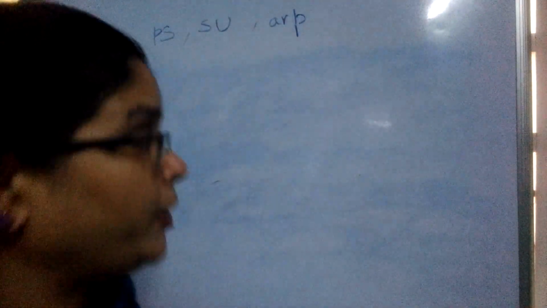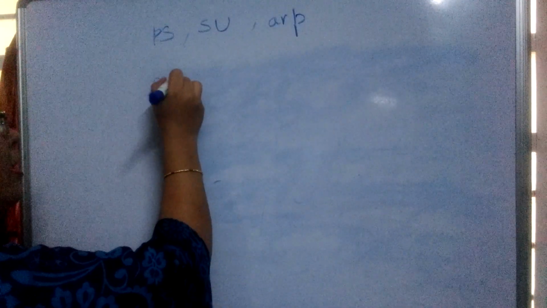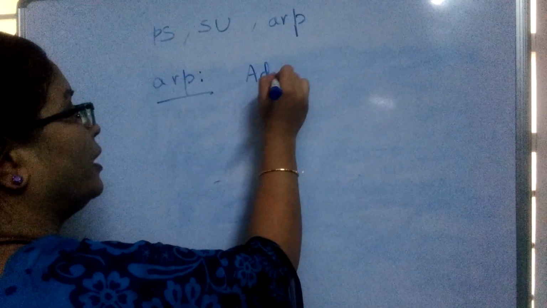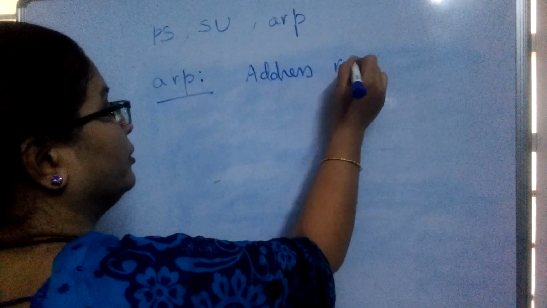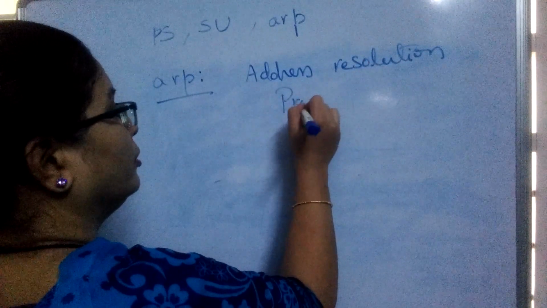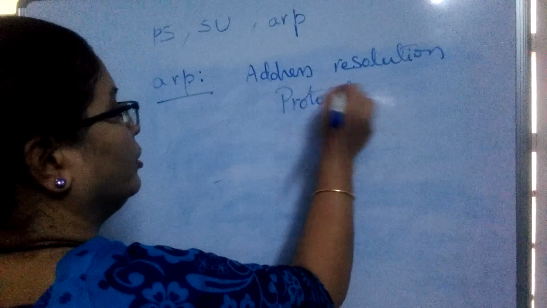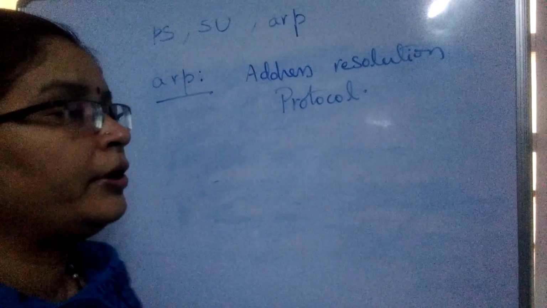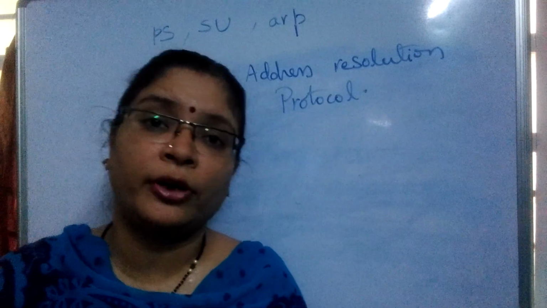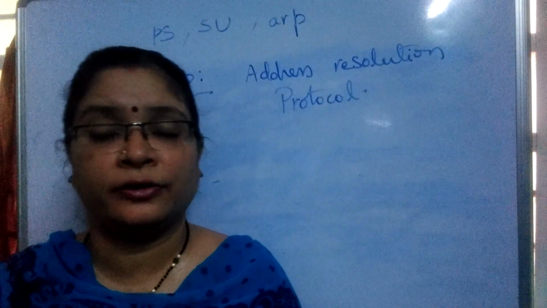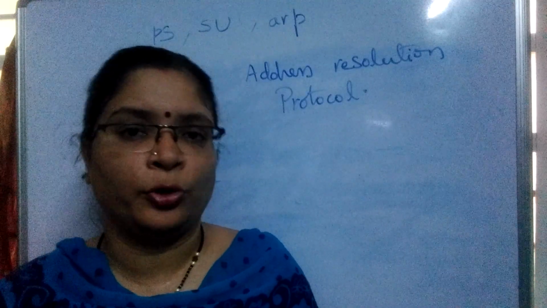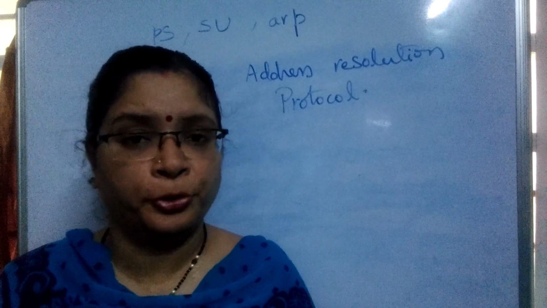The full acronym of ARP is Address Resolution Protocol. The internet address can be converted into the Ethernet address. Whenever we give an Ethernet address, that will be converted into the respective internet address. For such kind of address resolution, we use this particular protocol, Address Resolution Protocol.